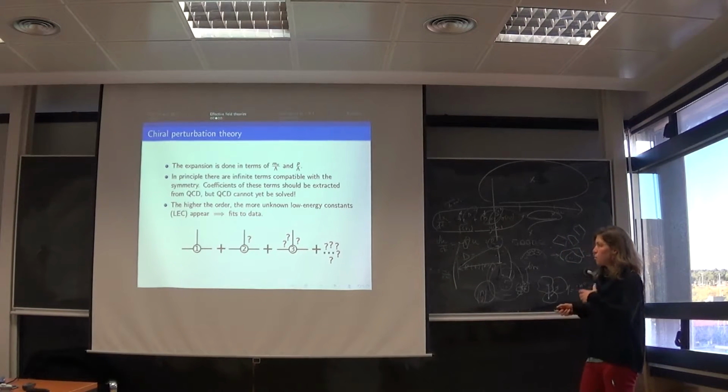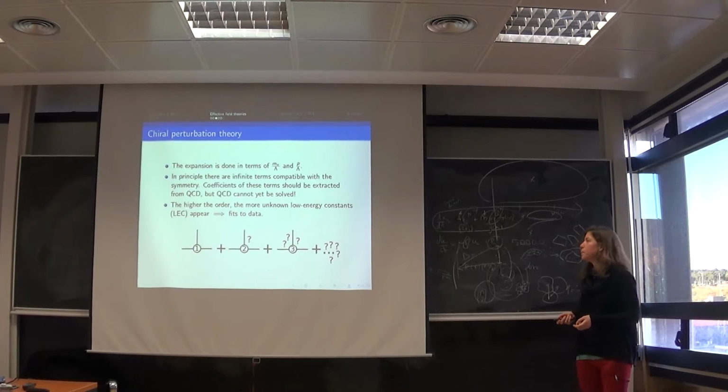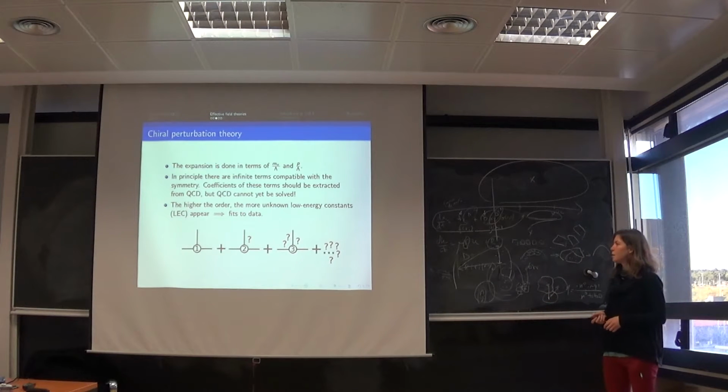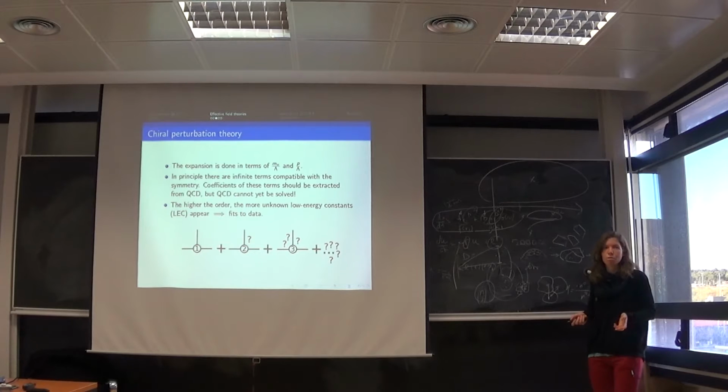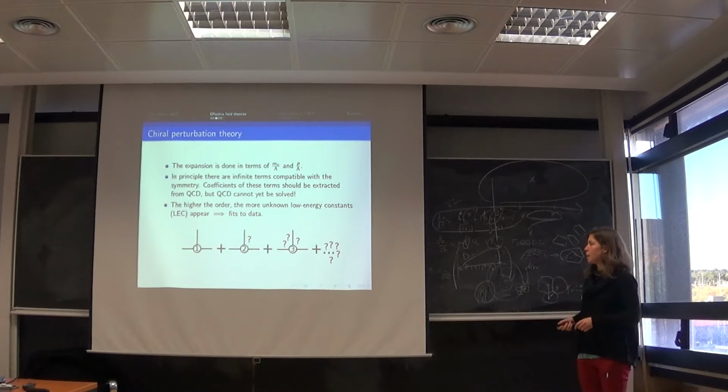If we're developing such a theory, we can start with the easiest terms that can appear, but we can always invent more complicated terms that are also compatible with the theory. So in principle, we have infinite terms, and we don't want to calculate them all. Just like in perturbative QCD, we want to have an order where to stop, where we say, okay, this is enough, and the other terms are not as relevant anymore.